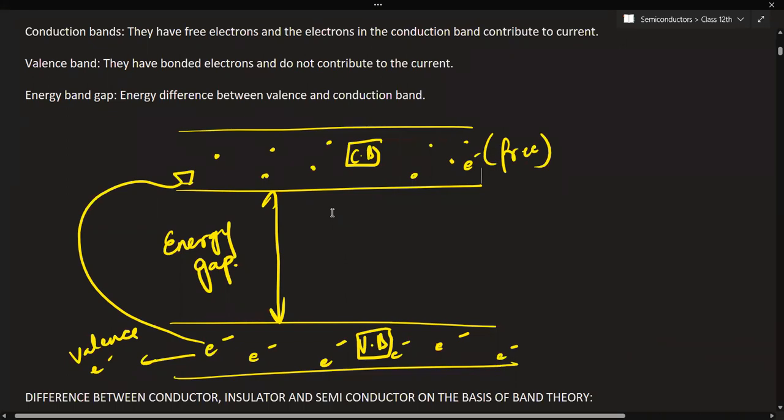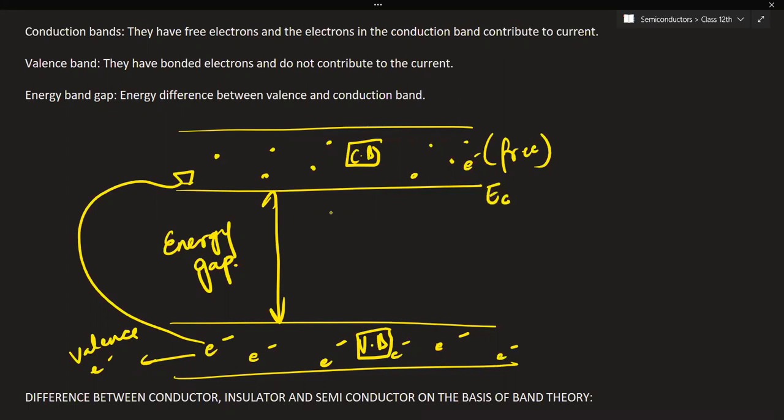Fine. So on the basis of band theory, just understand this fact that from the valence band, electrons move on and go to the higher energy level, that is the conduction band, where they contribute to conduction. These are all energy levels: first energy level, second energy level, third energy level, like this.